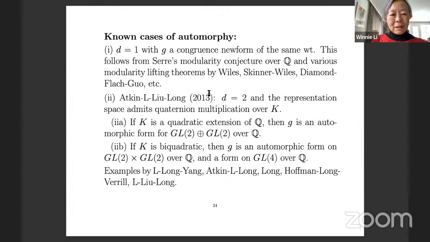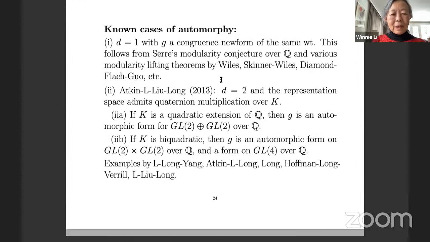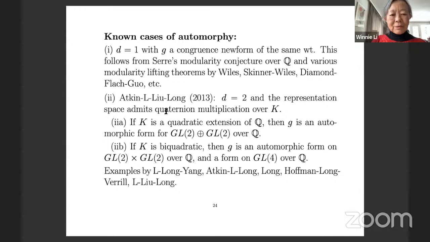What we know about automorphy is very little. For d equal to 1, this follows from Serre's modularity conjecture and also the modularity lifting theorem. In joint work with Atkin, Liu, and Long, we proved the case d equal to 2, where the representation space admits a quaternion action.